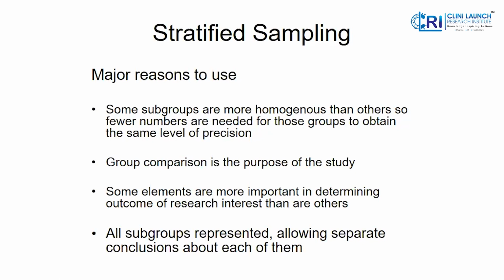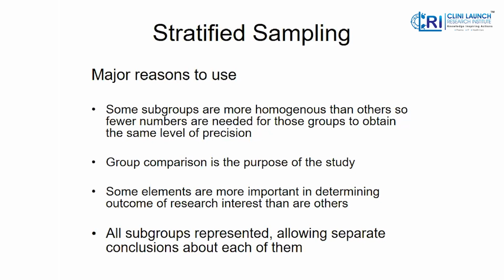It was mentioned earlier that you need a larger sample to get a more accurate estimation of a characteristic that varies greatly from one unit to the other than for a characteristic that does not. But by doing the stratification process, you can get the same level of precision with a smaller number of homogeneous subgroups. That is why stratification comes.